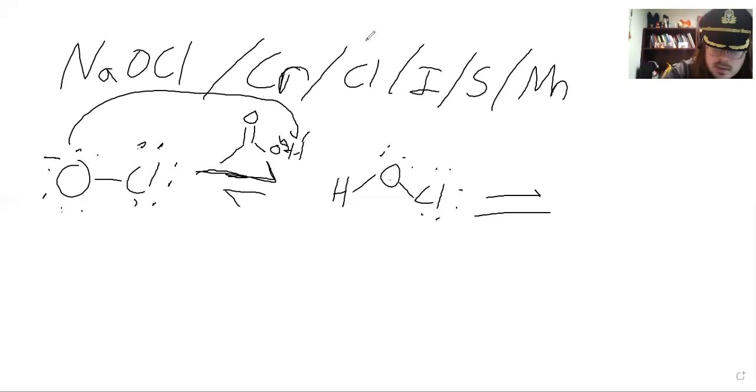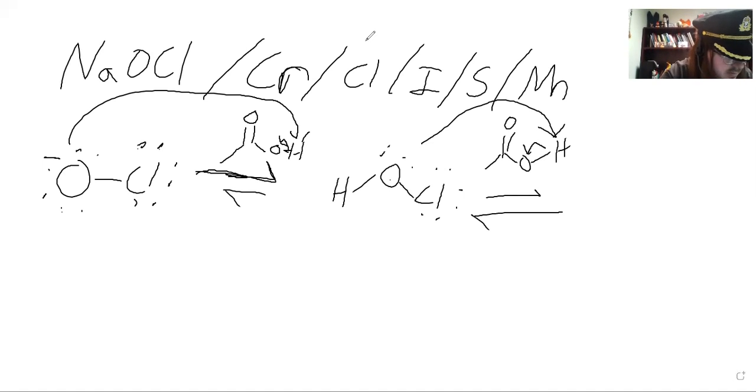The second step is a little bit harder to do, but in the presence of enough acetic acid, we can deprotonate another one to form this compound.